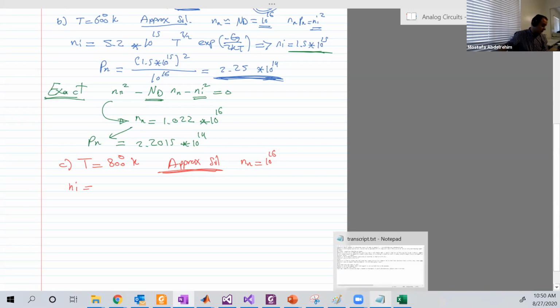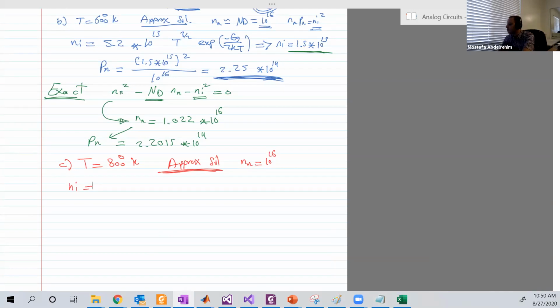Where is my mouse? Yes. I will calculate it with you right now, guys. So 1.5 multiplied by 800 to the power 3/2, multiplied by exponential of Eg.